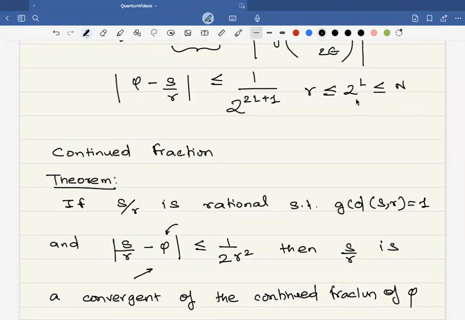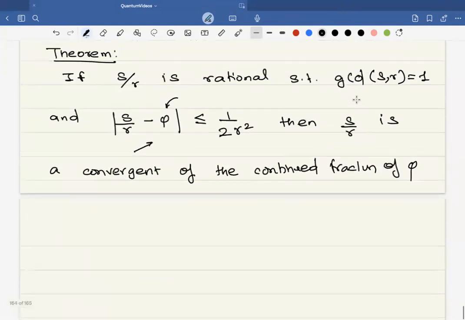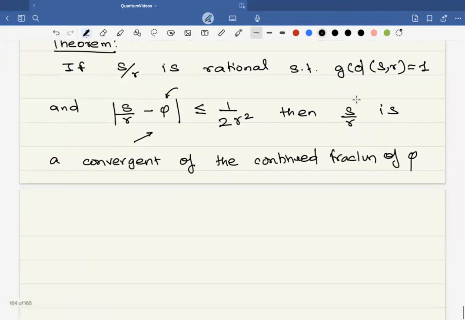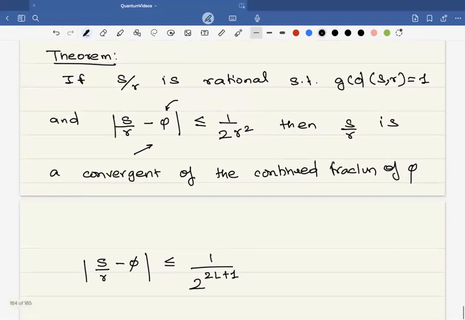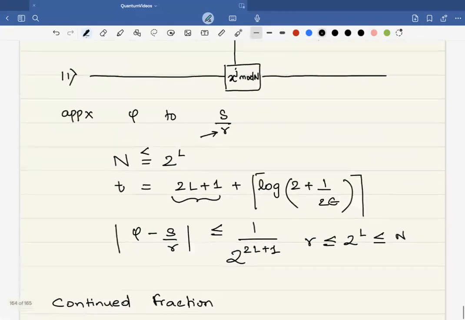So let's check that. We know that phi is a 2L plus 1 bit approximation, so |S over R minus phi| is less than 1 over 2 to the 2L plus 1. This we know because we have chosen t to be 2L plus 1 plus log of 2 plus 1 over 2 epsilon. So we can approximate S over R by phi to within 1 over 2 to the power 2L plus 1.